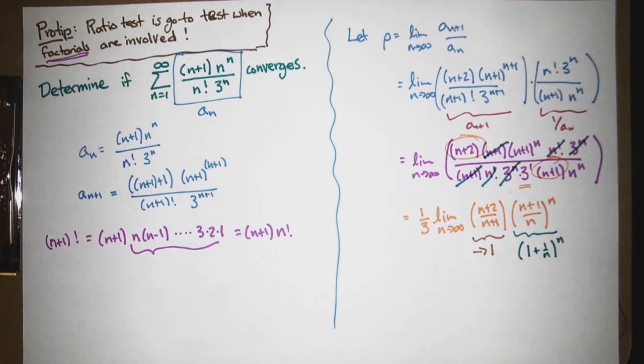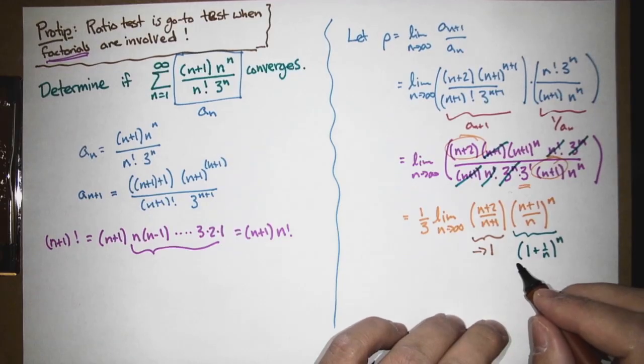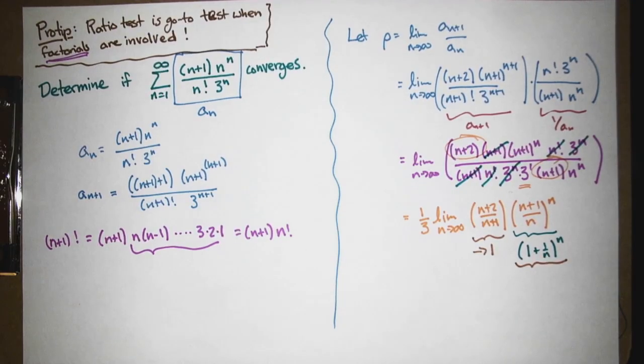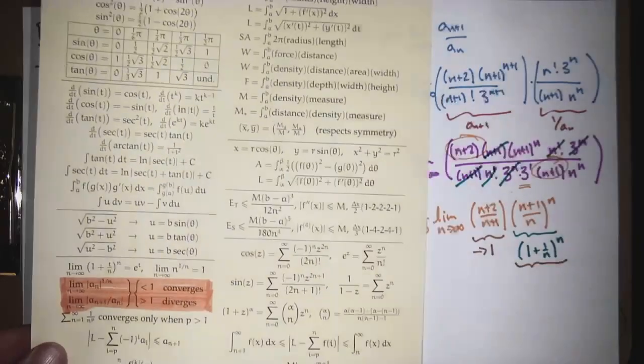Now, 1 plus 1 over n to the nth power, what happens to that as n goes to infinity? And why? How do we know that? Not quite e to the n, but I like that attitude. Goes to e.